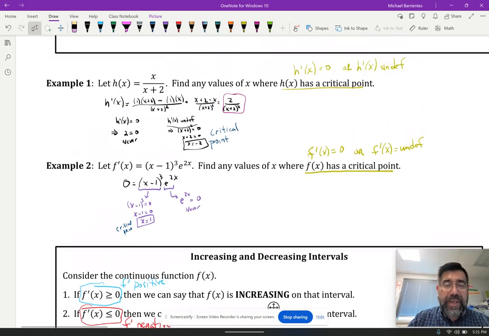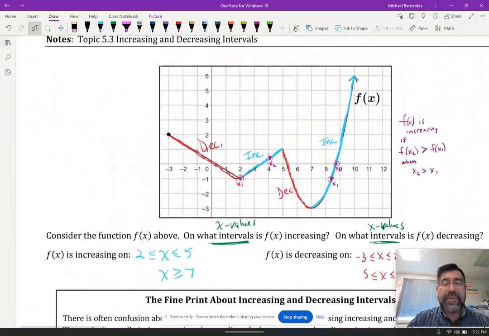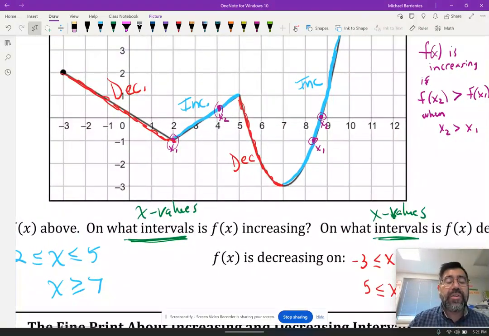And so if I go back to my original graph that we started with, look at where the function changed from decreasing to increasing. That would be here, that would be here, and that would be here.